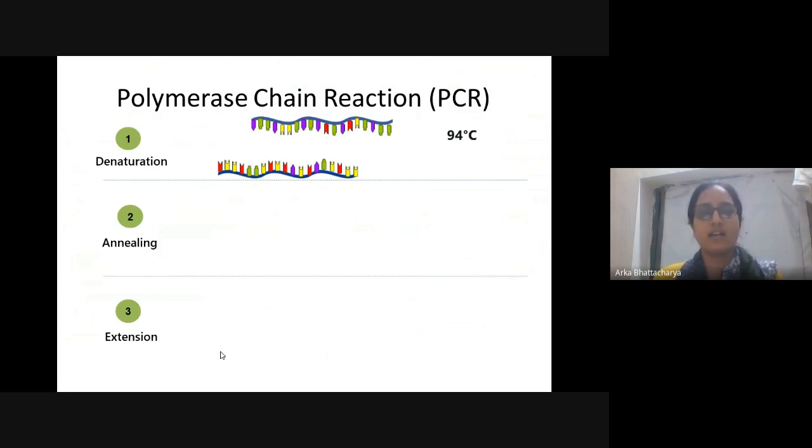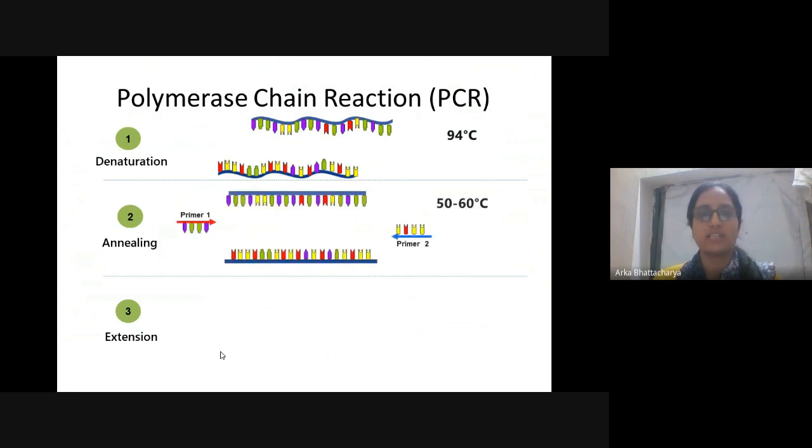Then our region of interest we can amplify with the help of specific primers, which we design synthetically. In the annealing, we give externally primers, forward primer as well as reverse primer, which bind to the specific part of the DNA. This annealing takes place at the temperature range of 50 to 60 degrees Celsius.